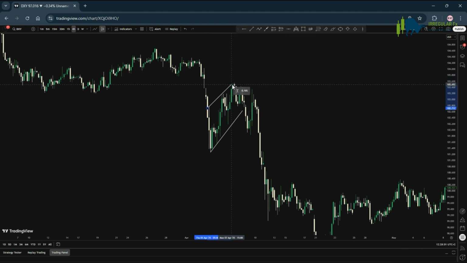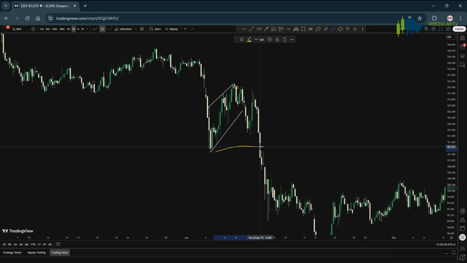This was our first surge, our second surge. Then on the third surge, the market broke above our trend line, then it came back in. As soon as the market closed inside our trend line, that's when we took our entry right here. Then we aimed for 90% of their move.